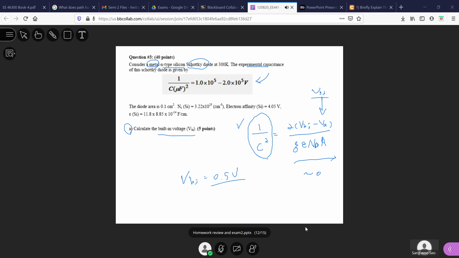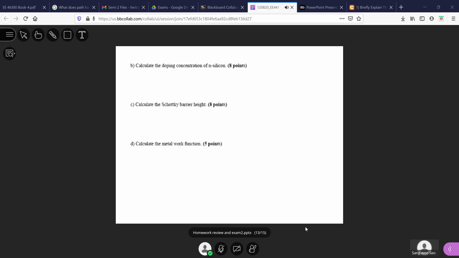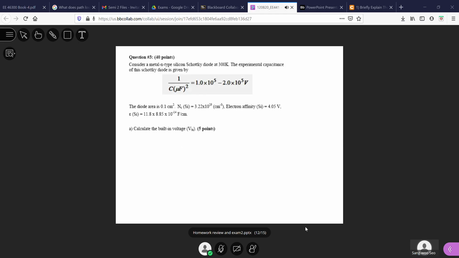And then the second question is, now we are asking about the doping concentration in the structure. To answer this, we need to start with the relationship, as I mentioned.